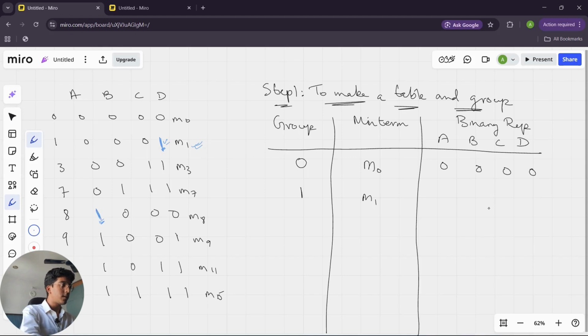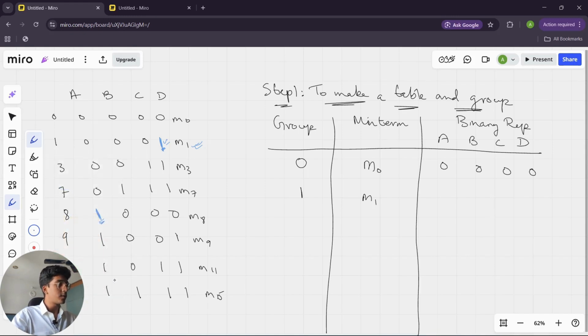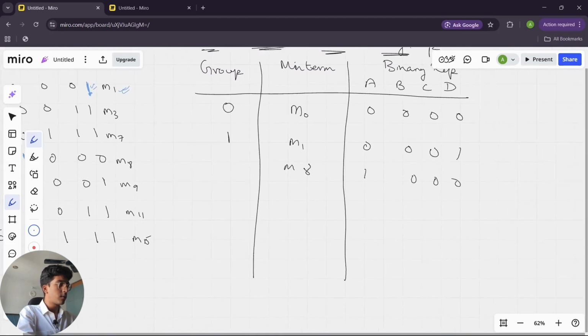So that's why we group them into 1. So let's write them down: 0 0 0 1 and 1 0 0 0. Now the group of 1 is done.